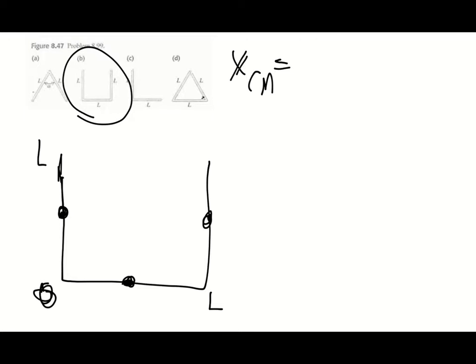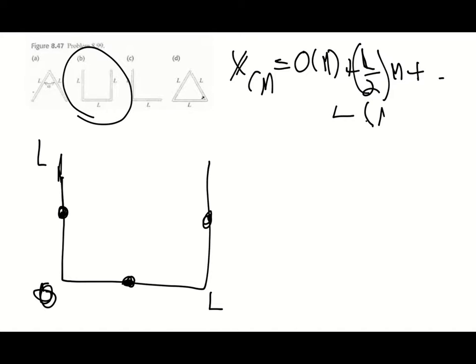But it's going to be 0 times m plus L over 2 times m plus L times m, all divided by 3m, m plus m plus m.